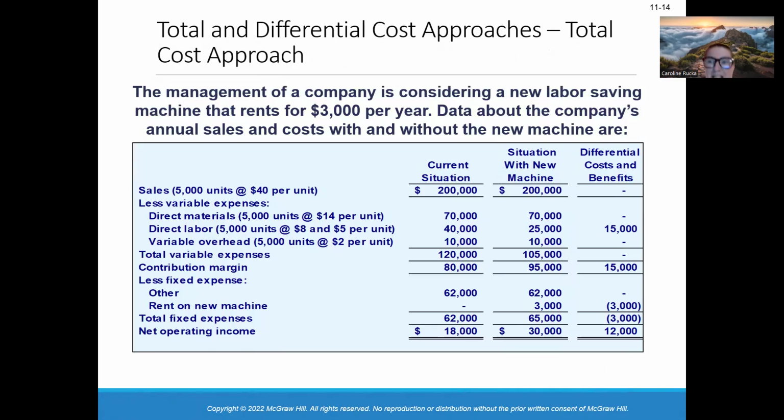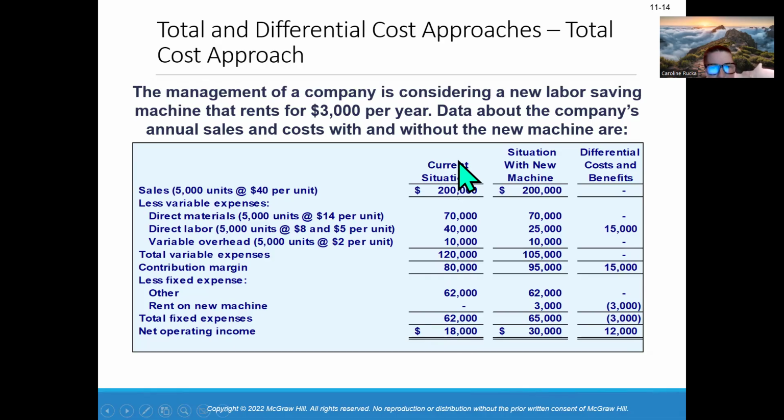So let's put it into an actual managerial accounting example. The management of a company is considering a new labor saving machine. It rents for $3,000 per year. Data about the company's annual sales and costs with and without the new machine are as follows. So we have our income statement set up.